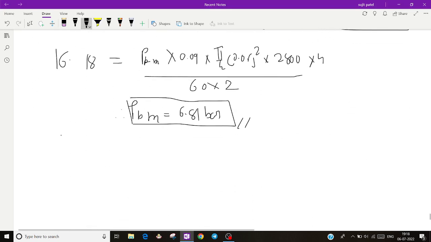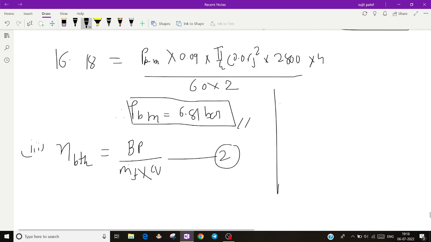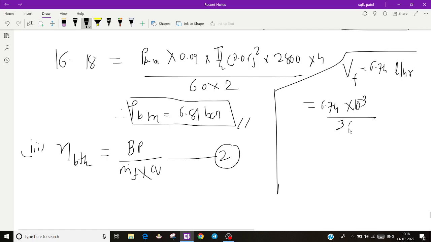And now the third thing is brake thermal efficiency. We can find brake thermal efficiency by brake power upon mf into CV, but we don't have the value of mass flow rate of the fuel, so say this is equation number 2. Now we have to find the mass flow rate of the fuel. We have the volume flow rate, that is 6.74 liters per hour. We have to convert 6.74 into meter cube: 6.74 times 10 to the power minus 3 divided by 3600 meter cube per second.